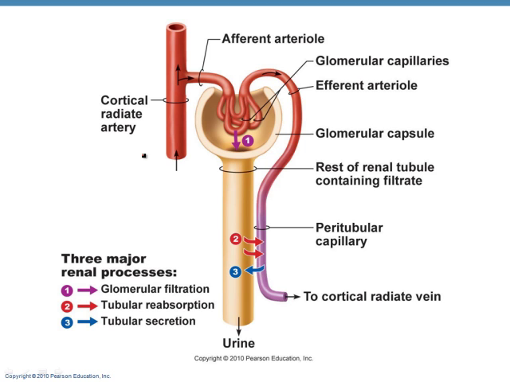Yes? And what we're going to end up with is blood back into the circulatory system that's been filtered. And we're going to end up with a filtrate we call what? Urine. Everybody with me?